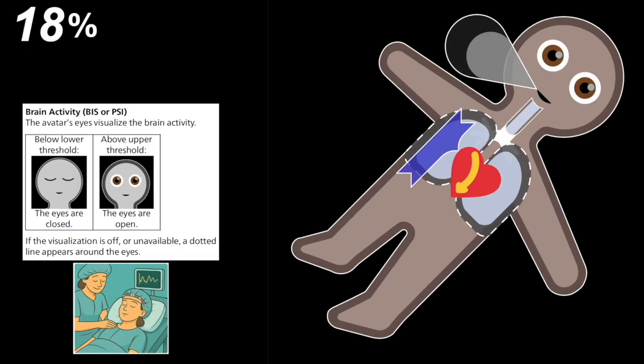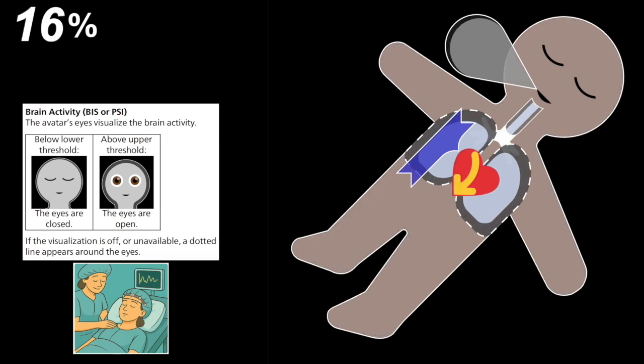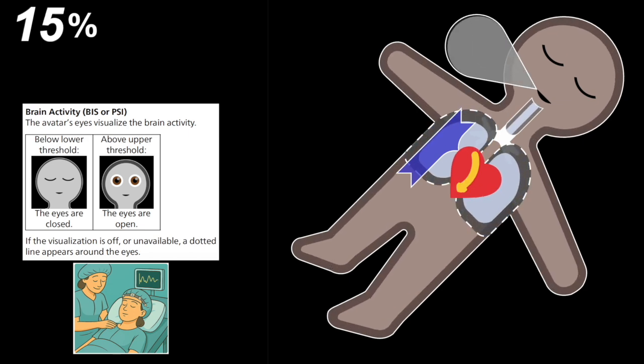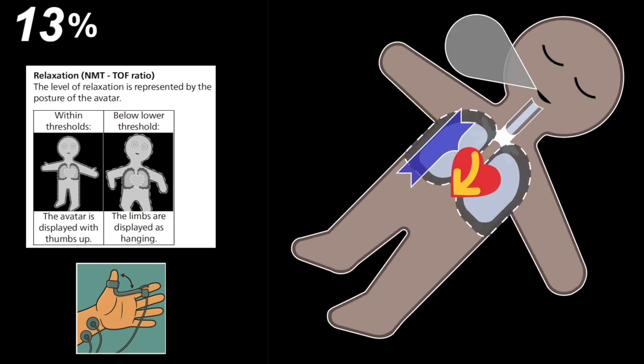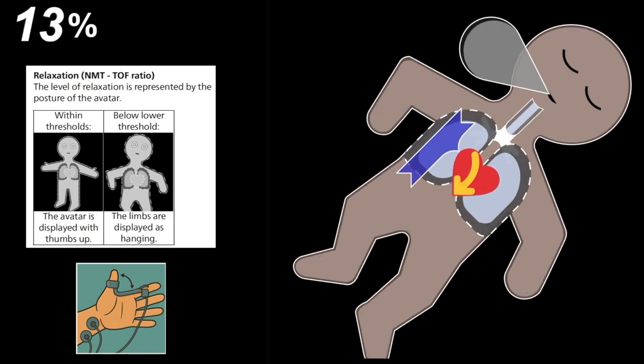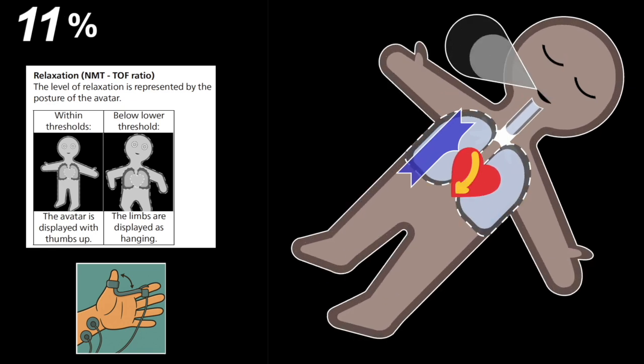It opens its eyes, and as soon as we give some propofol, the patient falls asleep, they're closing their eyes. Now we give some rocuronium, and the patient shows a relaxed neuromuscular state.